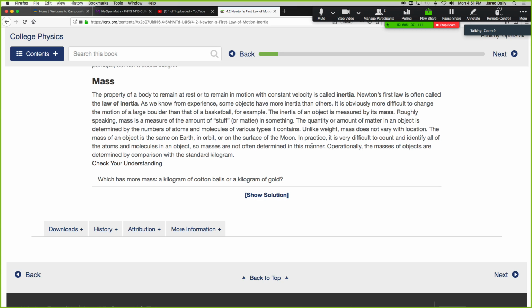That's also one of the observed consequences of Newton's first law. Now, when we talk about laws in physics, we're talking about things that have been observed to be this way all the time. Nobody has ever observed it any other way. This is not something that we've proven. It's not something that's an absolute truth in the universe. It's something that has been observed over and over again, and it's always been observed to be this way.